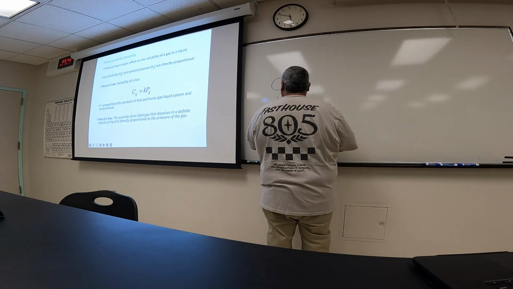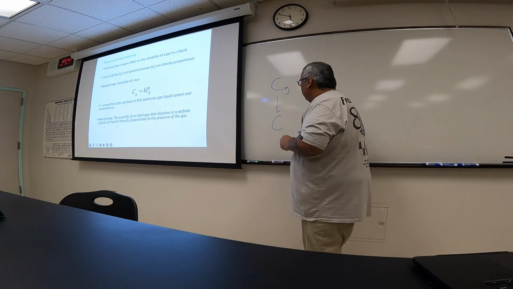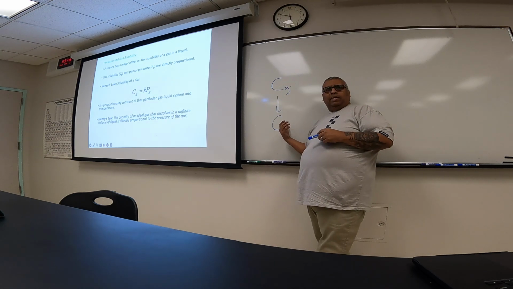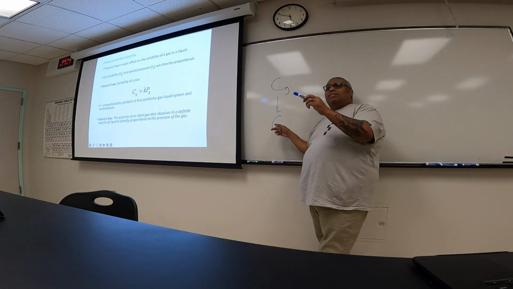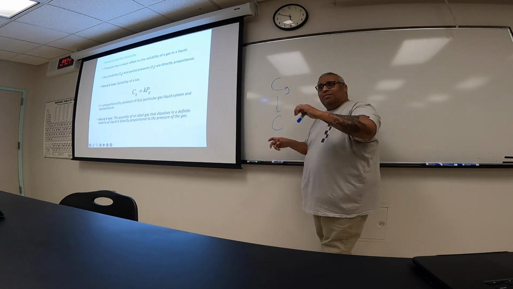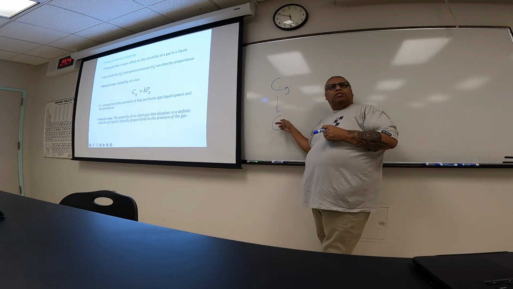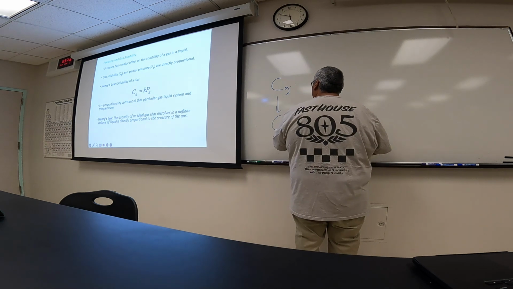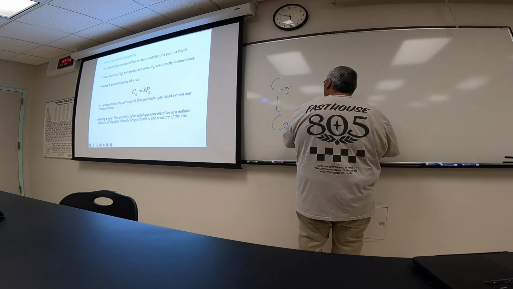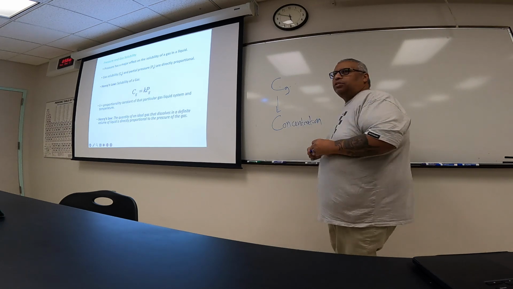Is there anything else we can think of when we look at this C here? We'll say this is a large C, but it can also be considered as concentration.